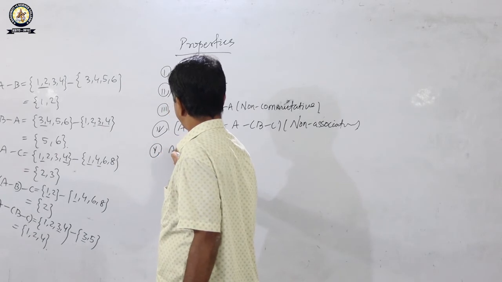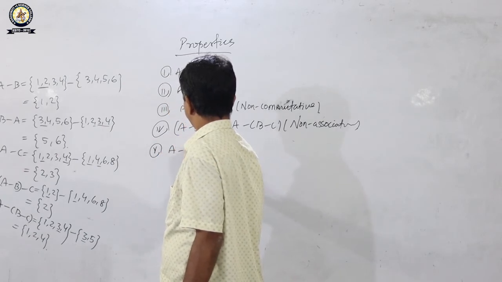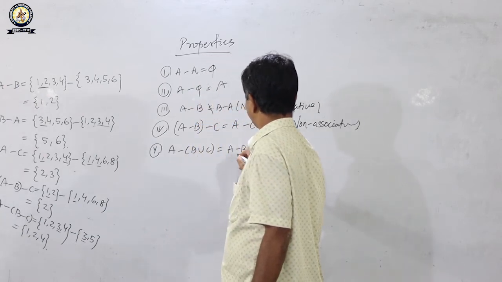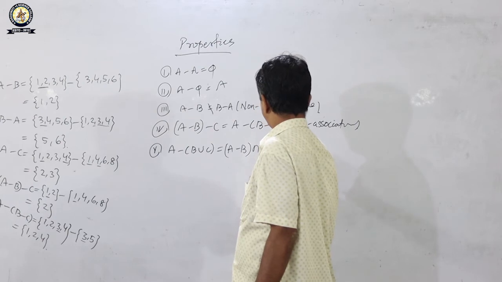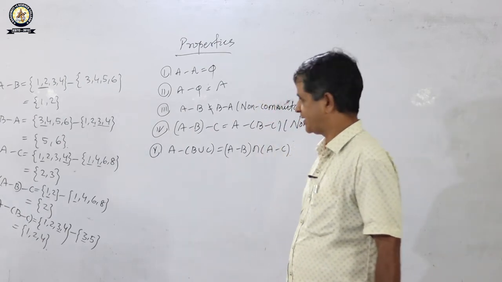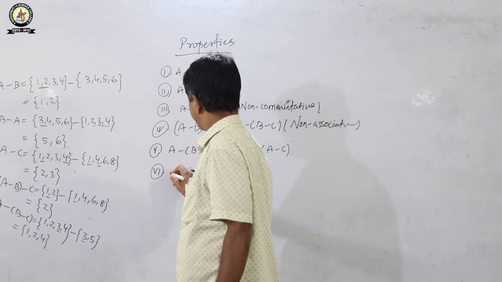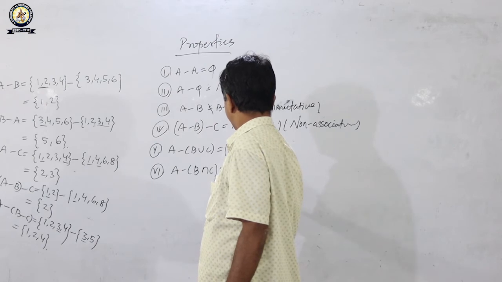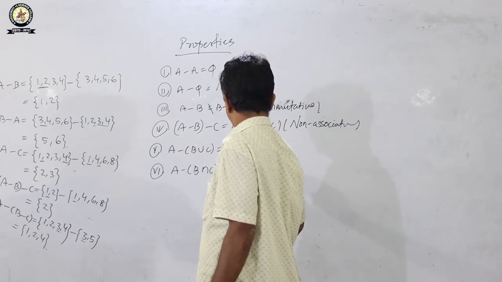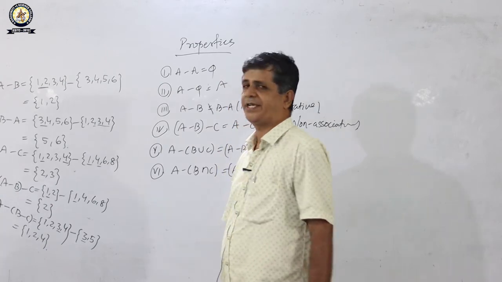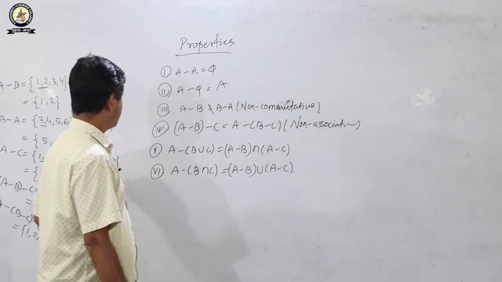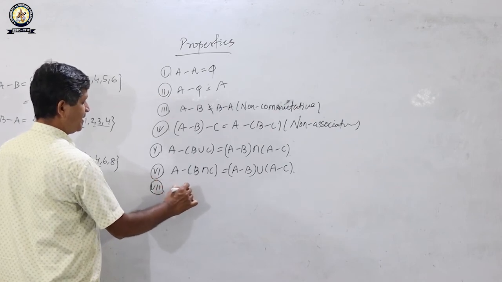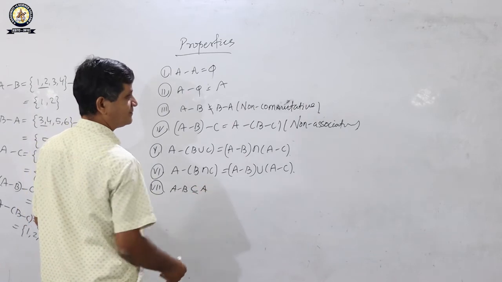Next, A difference B union C is A difference B intersection A difference C. Sixth, A difference B intersection C is A difference B union A difference C. Seventh, A difference B is a subset of A.